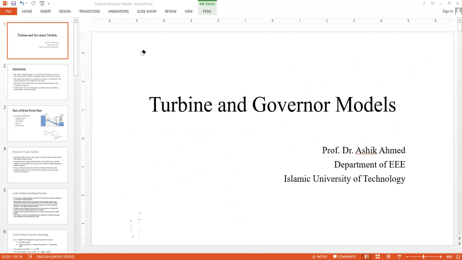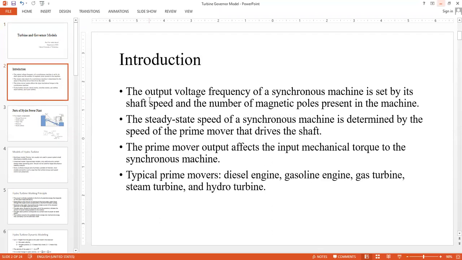We are not going to discuss all of those, but the basic building mechanism is the same. Okay, we start from some basic physics or basic laws, and slowly we go into the dynamic part. Okay, for any sort of turbine modeling, be it the steam turbine or the hydro turbine or the gas turbine, of course, the background physics would vary from one to the other. So let's start.